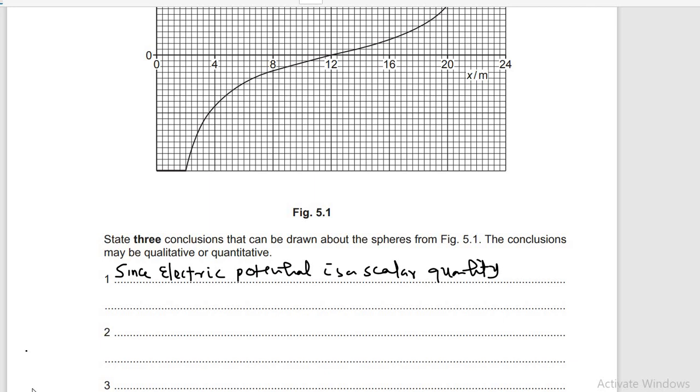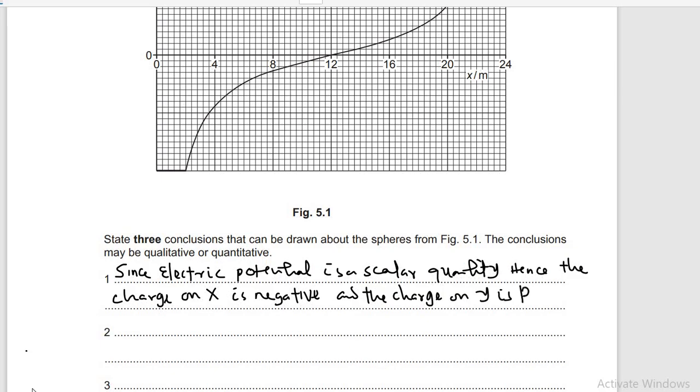Since the electric potential is a scalar quantity, hence the charge on X is negative. You know why? Because it's on the negative region, this side, and the charge on Y is positive because it's on the positive axis up. So that's how scalar quantities behave. They follow wherever you place them.